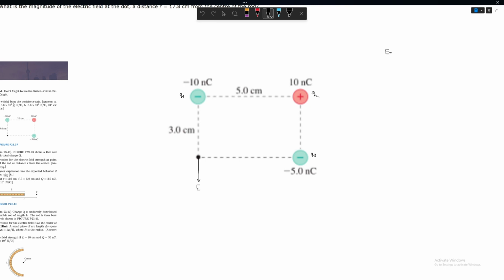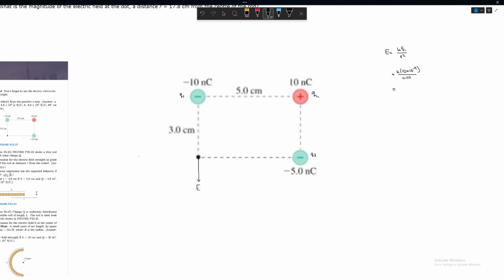So what is my Q1? E equals K Q1 all over R squared. Now the distance between them is 3 centimeters, and we're going to convert that into meters. And so I have K times my Q1, which is 10 times 10 to the negative 9, all over, and I made a little mistake here if you notice it, 0.03 squared.